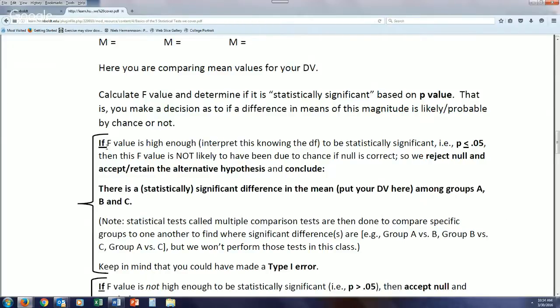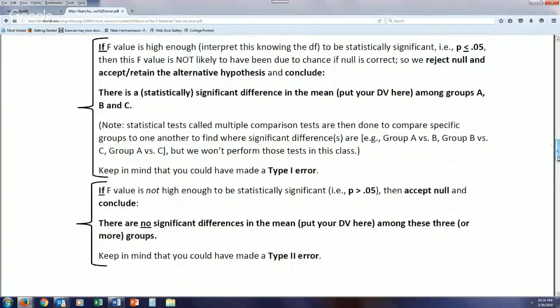In the instance where the p-value is less than 0.05, assuming that you set it at this level, we'll reject the null. We'll accept the alternative hypothesis, and we will see that there is a statistically significant difference in the mean strength among groups A, B, and C.